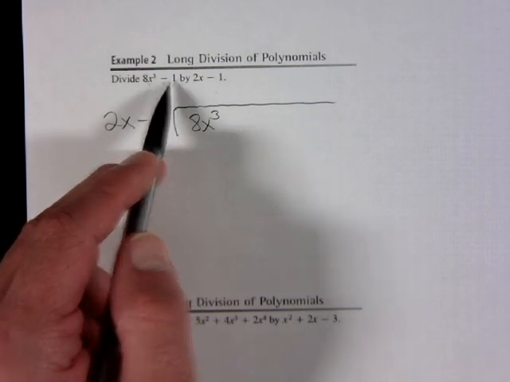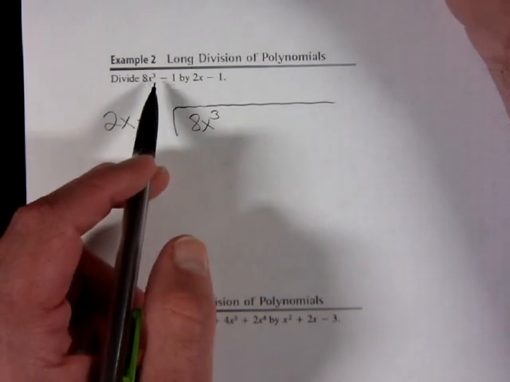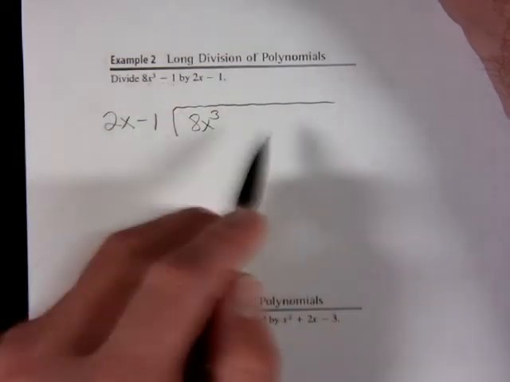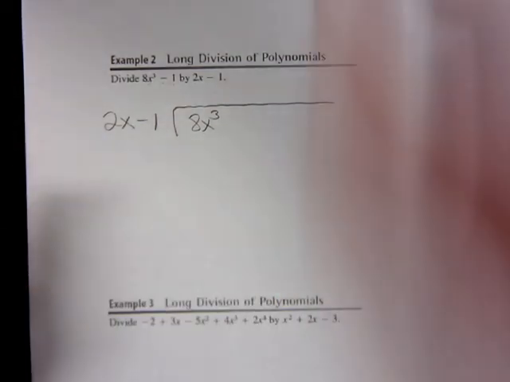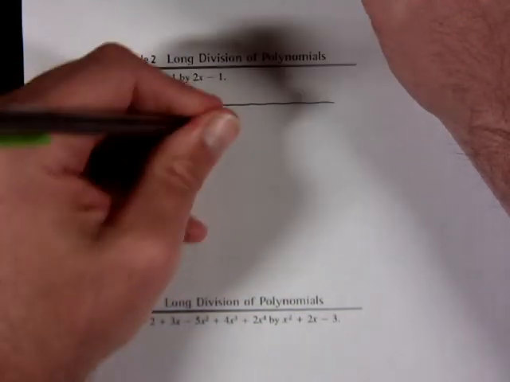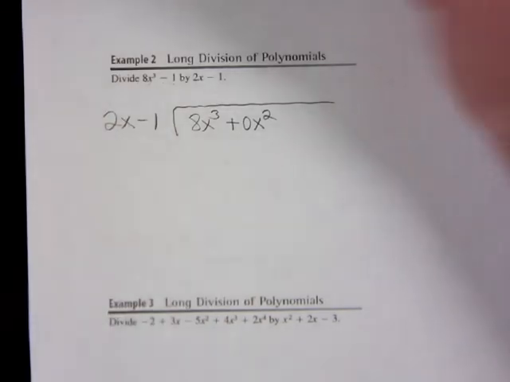Even though it doesn't have a term of every power there, we still have to account for it in the long division so that we can have the correct placeholders. So if there is no x squared term, you're going to write that as plus 0x squared to make sure that it lines up correctly.